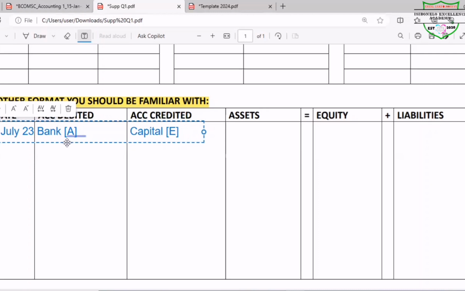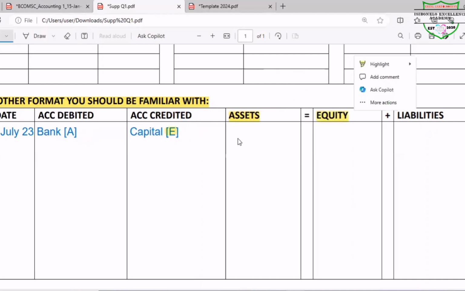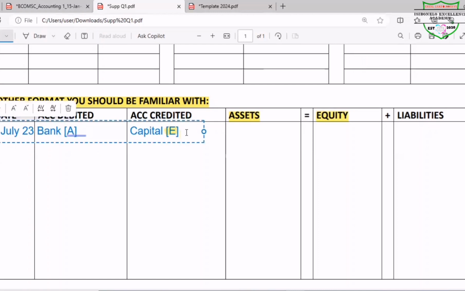And then the column that will be affected here is assets column. So this column is affected, and capital is an equity account, so this column will be affected. So the liabilities column will not be affected. Okay, so now under this column assets, we said our bank balance will increase because of the contribution made by the owner.